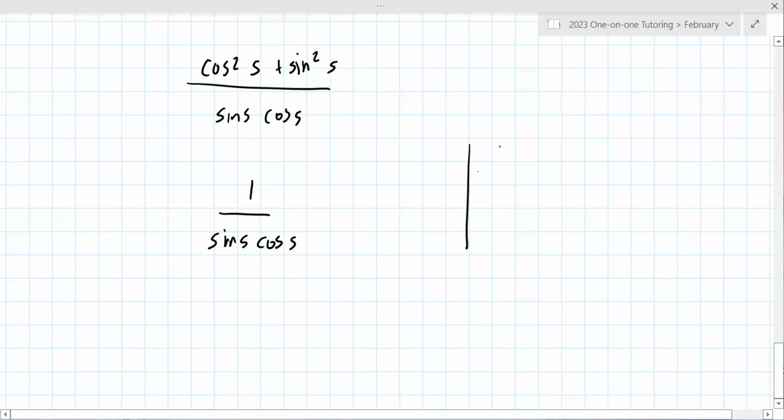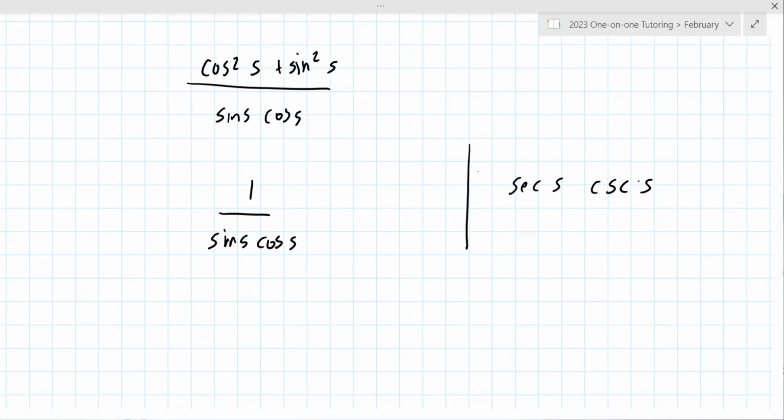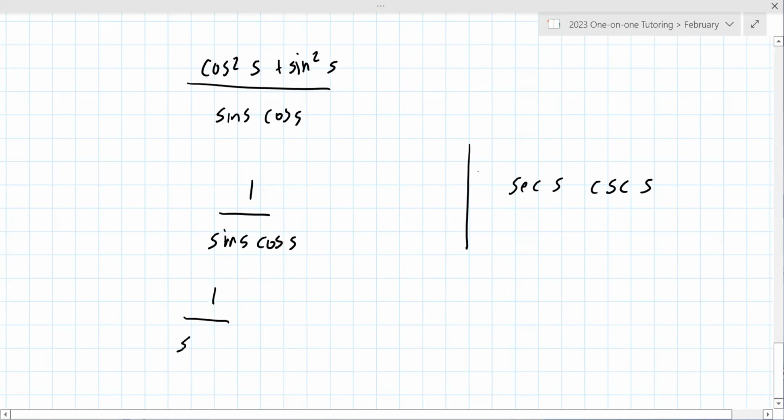But sometimes you got to bring this down. How do we get to secant s cosecant s? You multiply by the reciprocal. You break it apart.